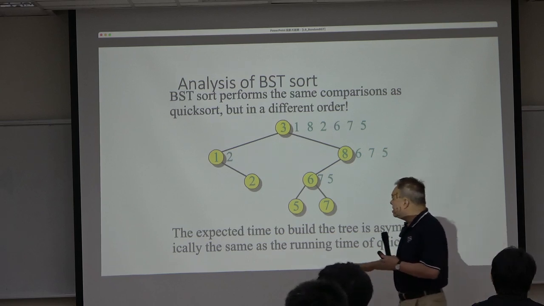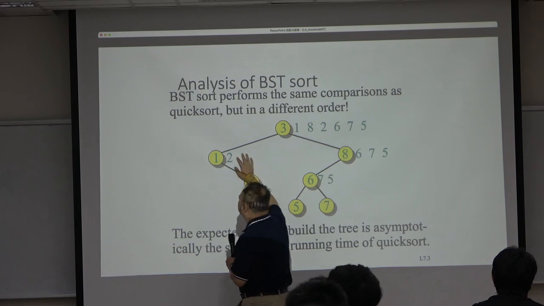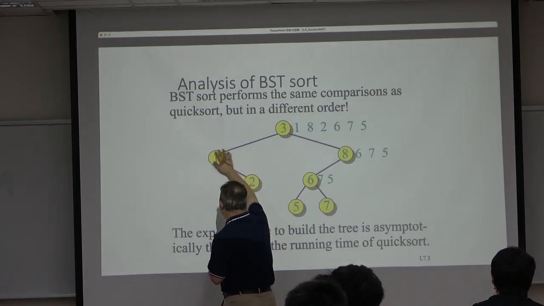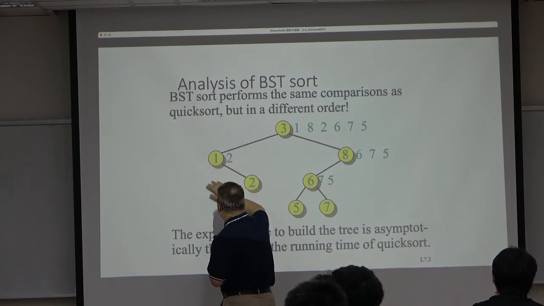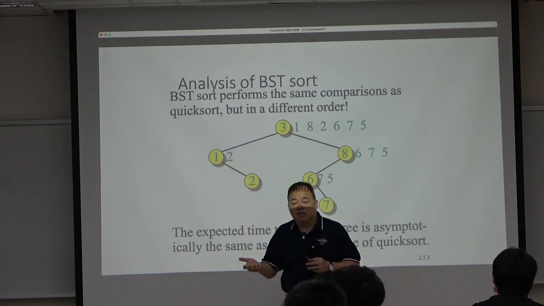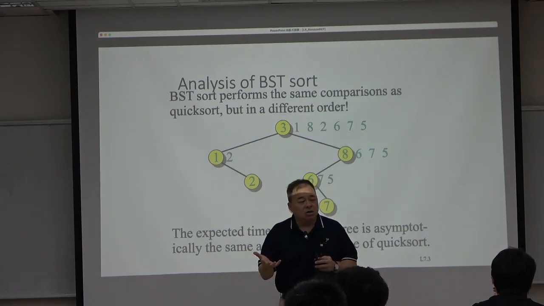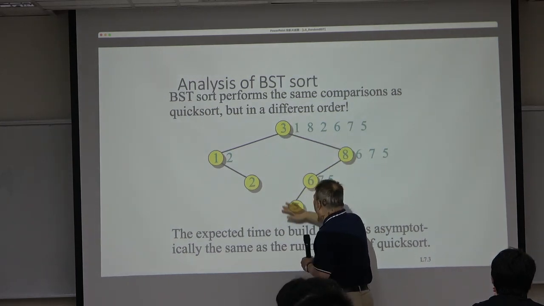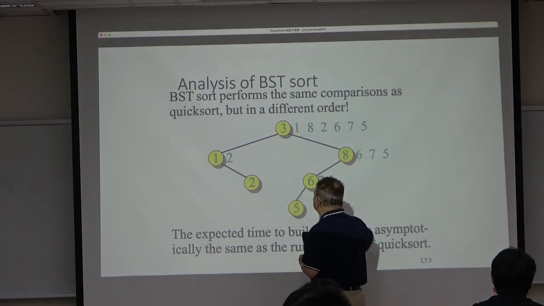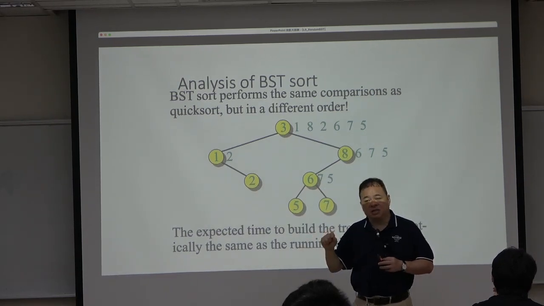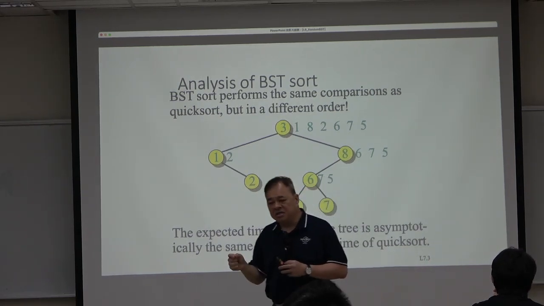And all these numbers, regardless of their order, all the numbers on the left of the 3 are smaller than 3, and all the numbers on the right of the 3 are larger than 3. Okay, after the comparison with 3.